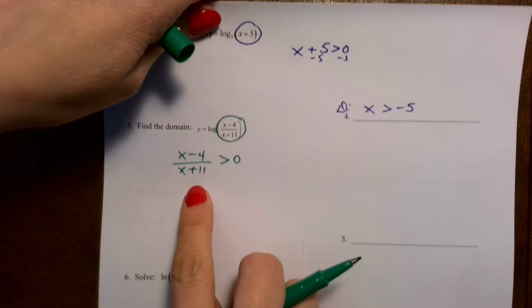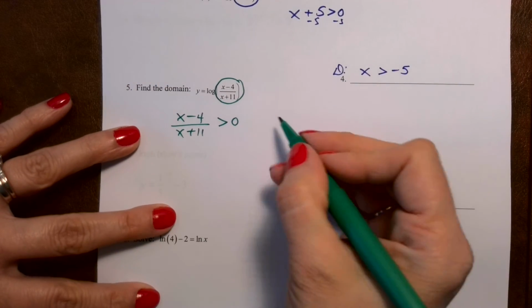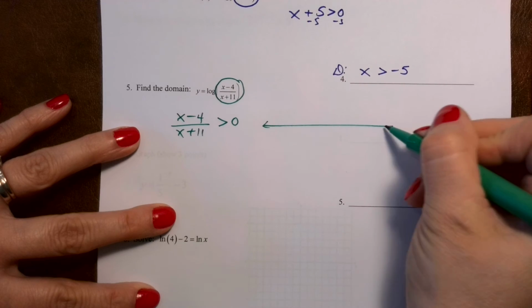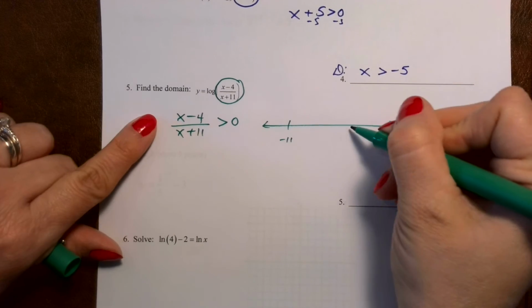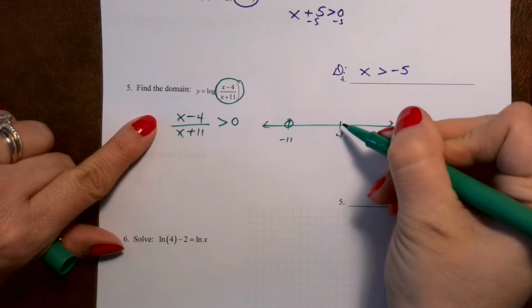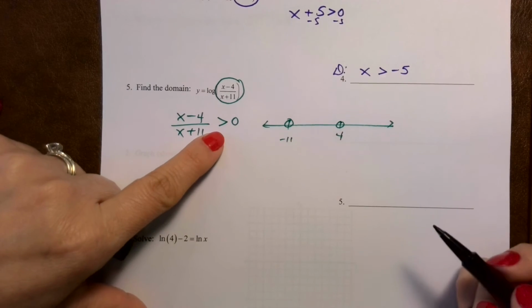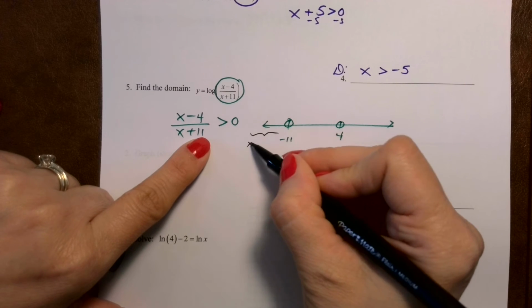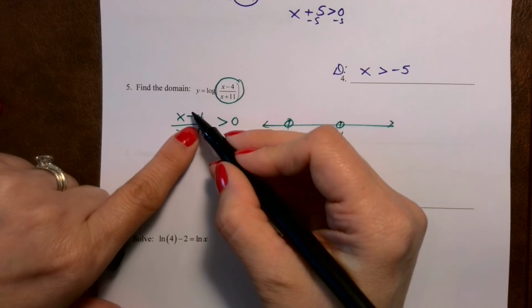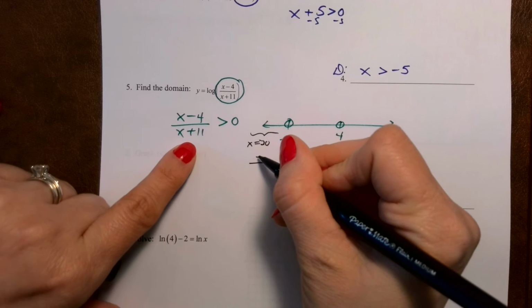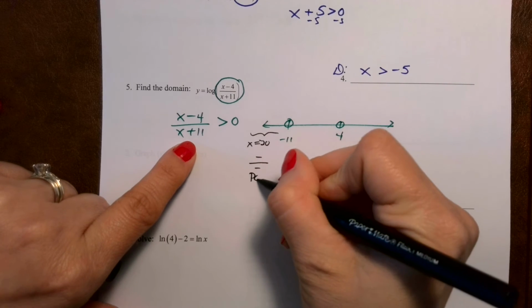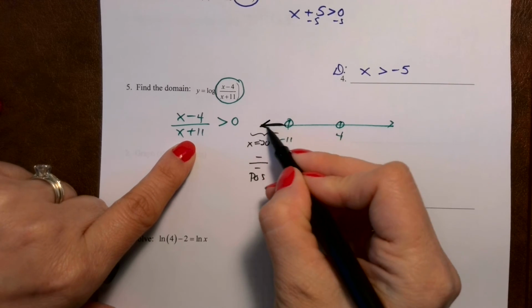Since this is a rational inequality, I'm going to draw a number line. The numbers on the number line are negative 11 and positive 4. Now we're going to test the sections. They're all open bubbles. I'm going to test the number negative 20. Negative 20 makes negative, negative 20 makes negative, so this is positive, and that's exactly what I wanted.